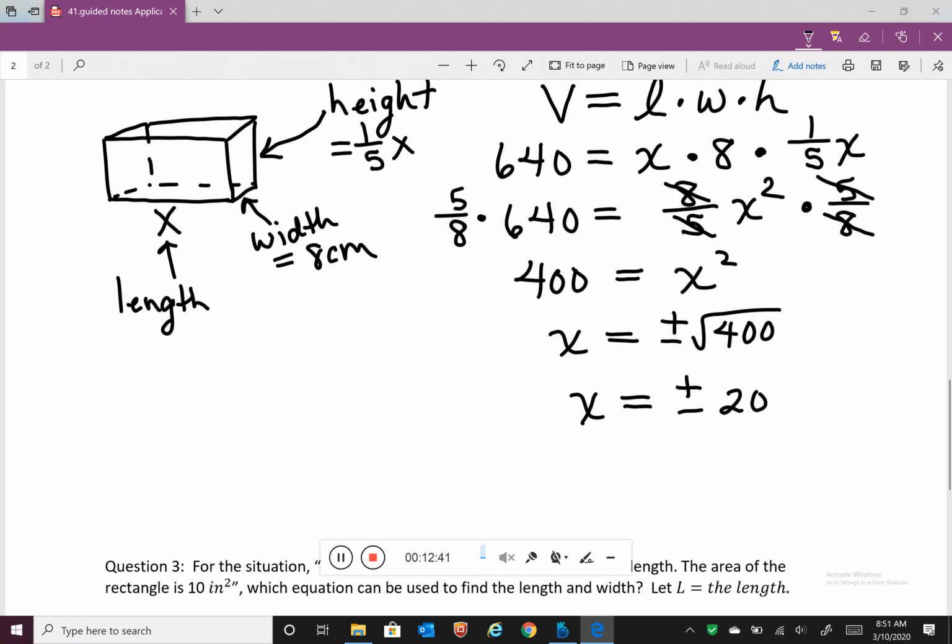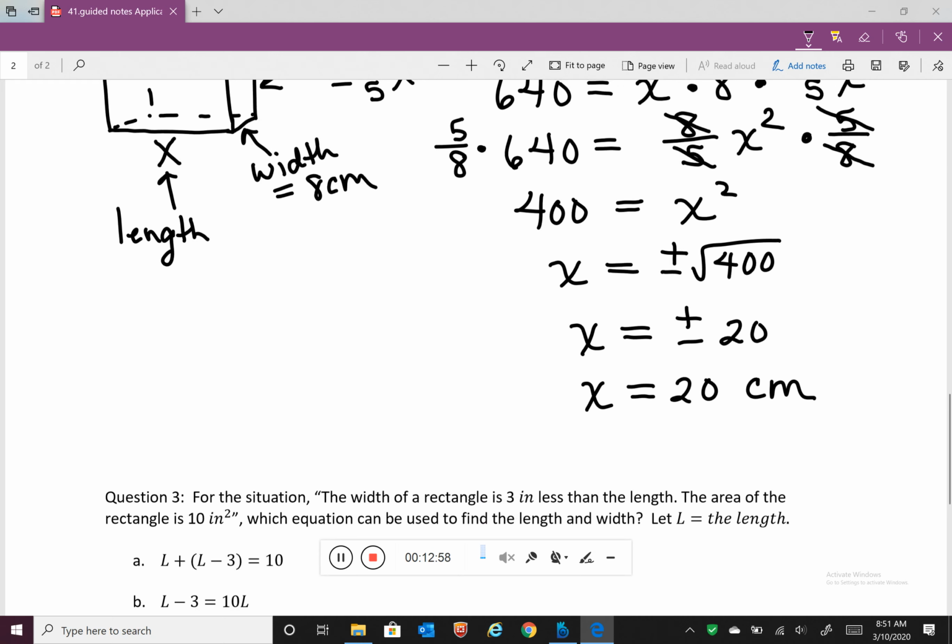But this is a length, so we need to reject the negative, so that means x is equal to 20. And this is a length in terms of centimeters, so x is equal to 20 centimeters. And then remember the height is 1/5 of x, and 1/5 of 20 is 4 centimeters.